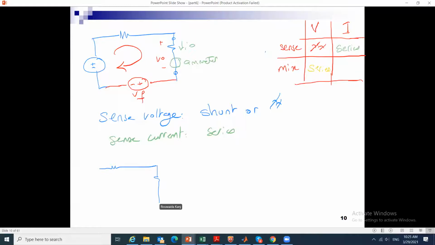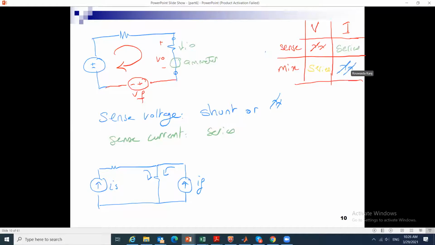Great. If I have now to add a current, if I have some original circuit with some current, this is my IS, and now I want to add IF to pour into this circuit, how do I plug it in? To add two currents, I have to mix the current in parallel.